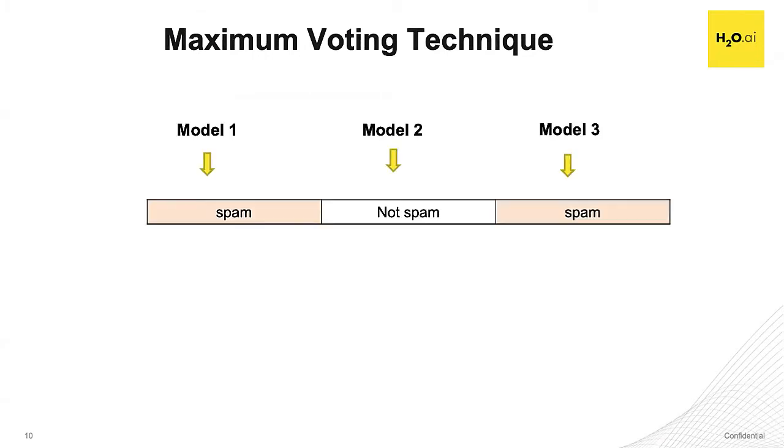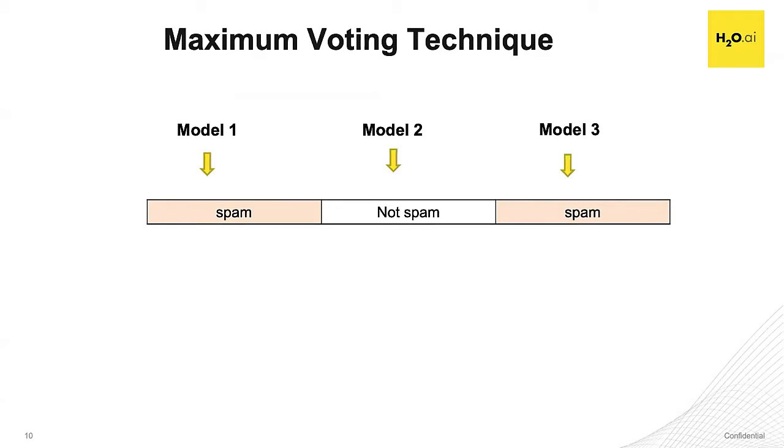So let's see what the maximum voting technique is. This technique is mostly used for classification problems. For instance, you need to classify whether an email is spam or not spam, and you're using 3 individual models. Say for one email, your first model classifies it as spam. Your second model classifies the same email as not spam.